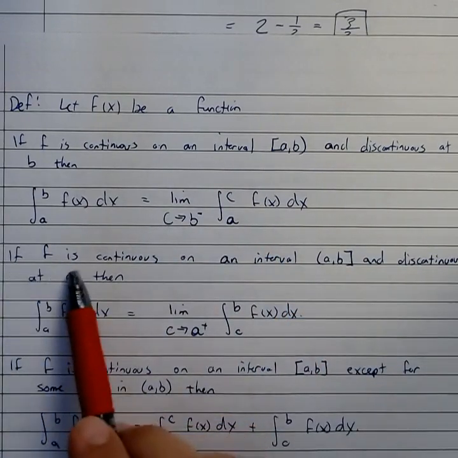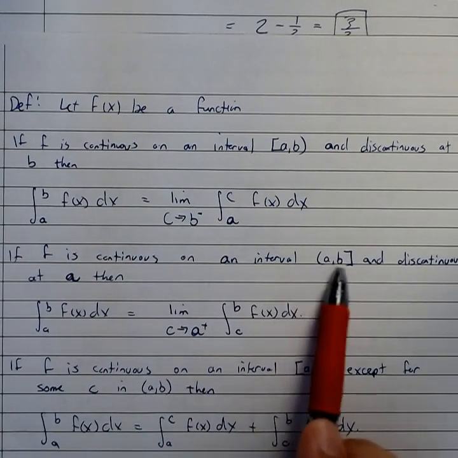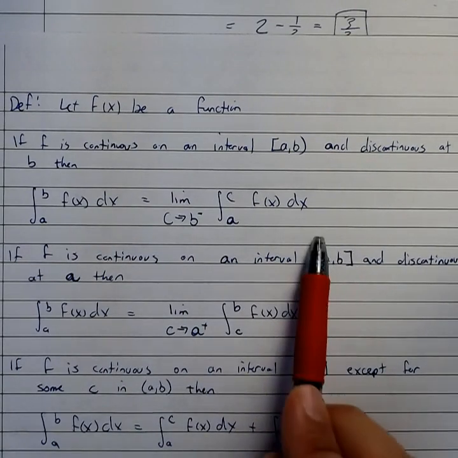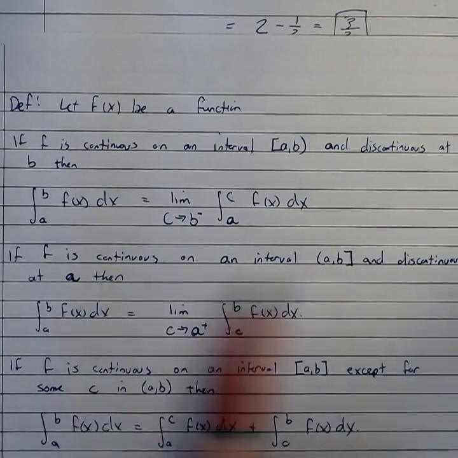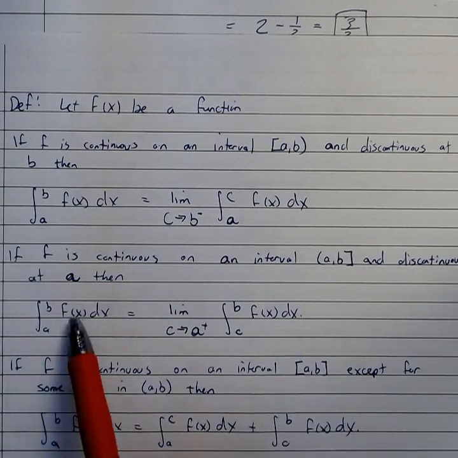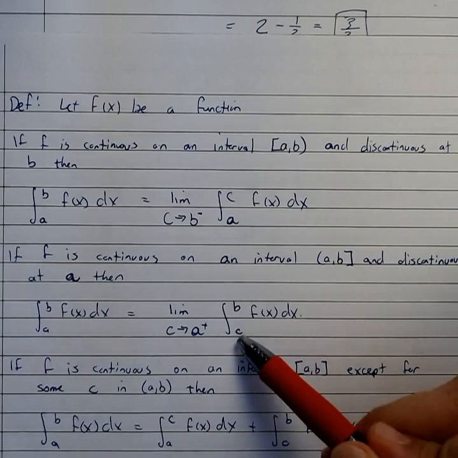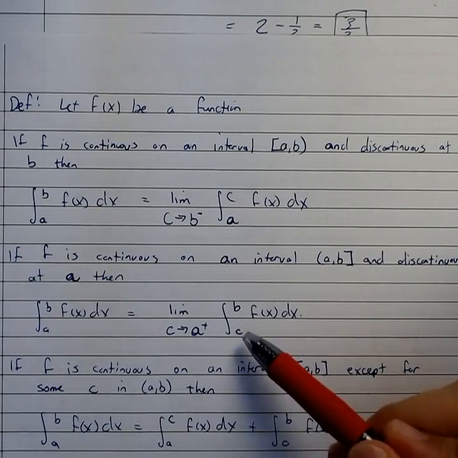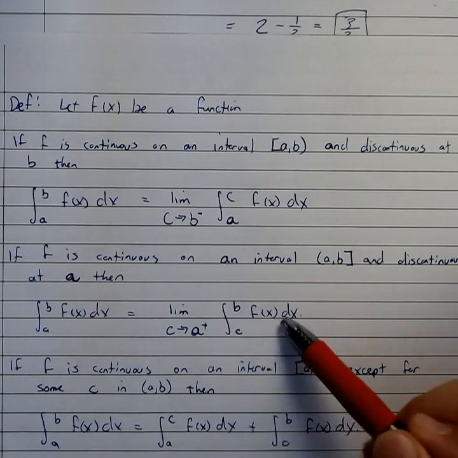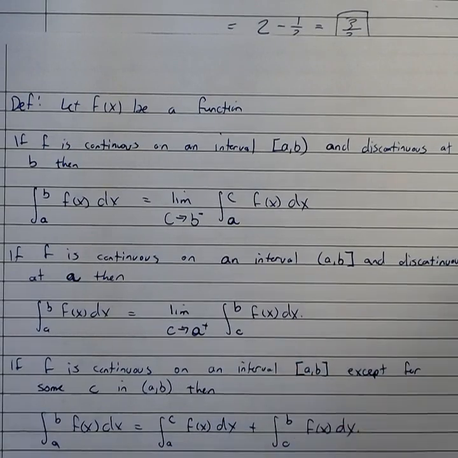On the other hand, if f is continuous on an interval from a to b, everywhere inside of a and b, including b, but not a, and it's discontinuous at a, then the integral from a to b of f of x dx is equal to, well, you don't go all the way to a. You take the integral starting from just a little bit after a, the integral from c to b of f of x dx, and then you let c approach that number where your function was undefined.